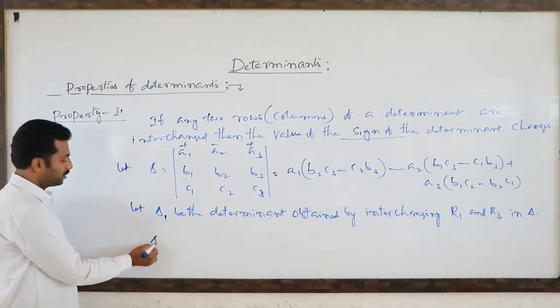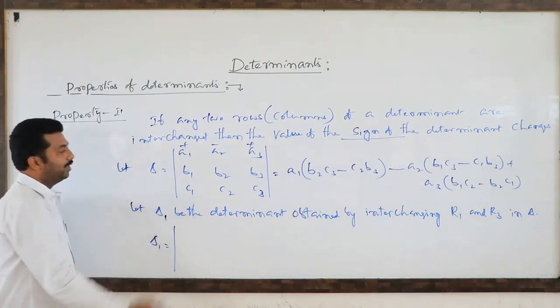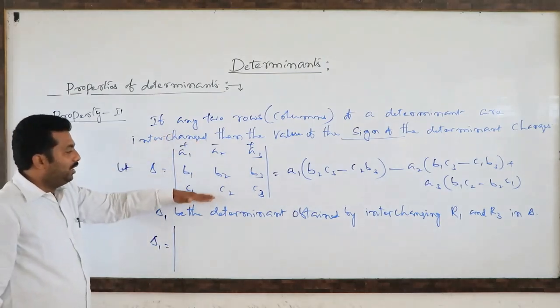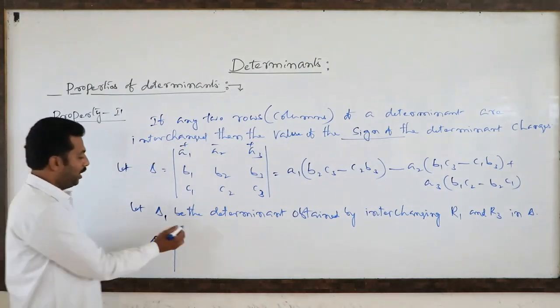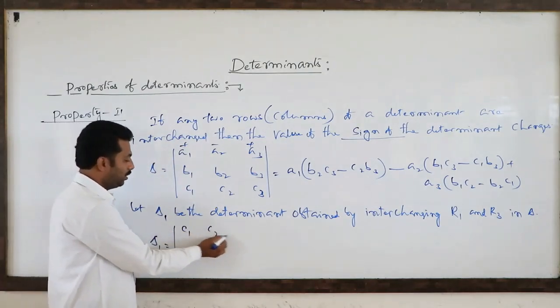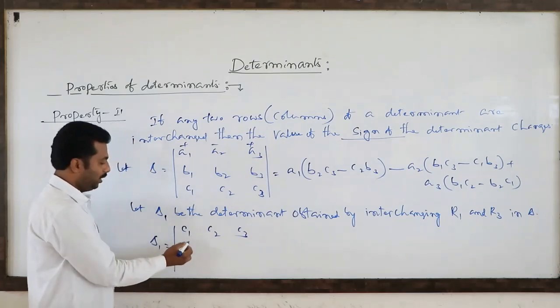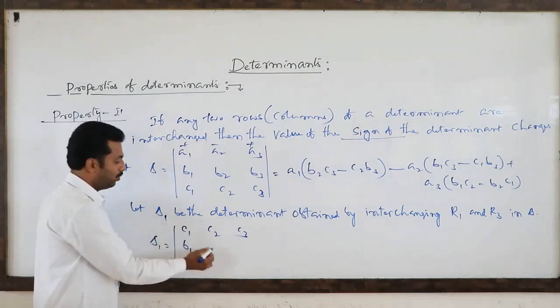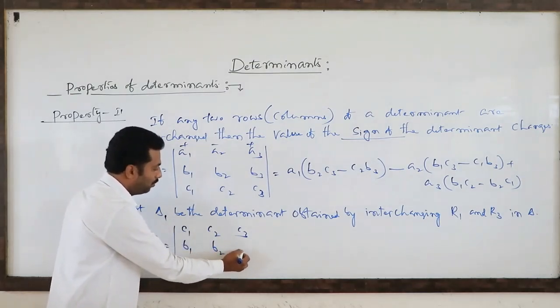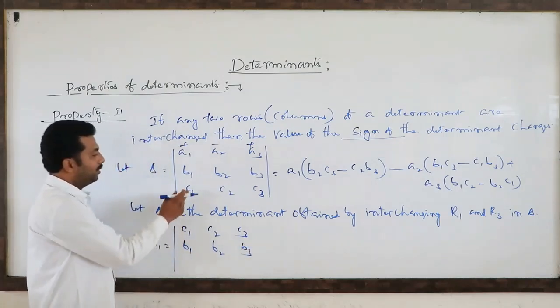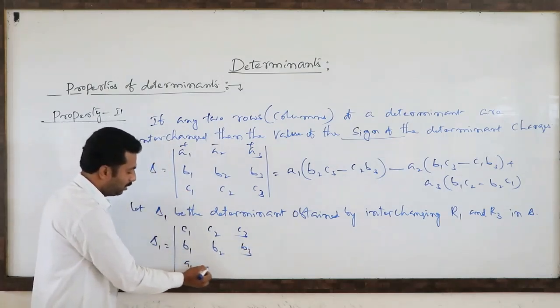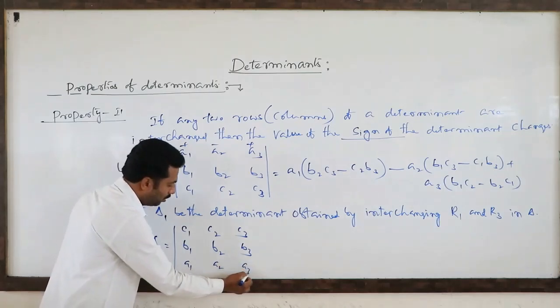R1 becomes R3 and R3 becomes R1. So what is R1 now? C1, C2, C3. No change in the second row: B1, B2, B3. Then A1, A2, A3.